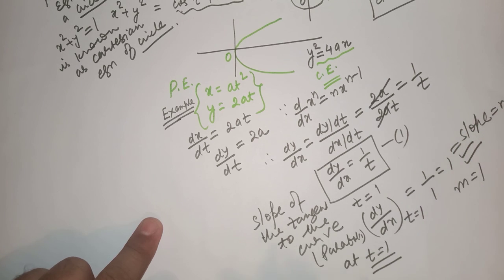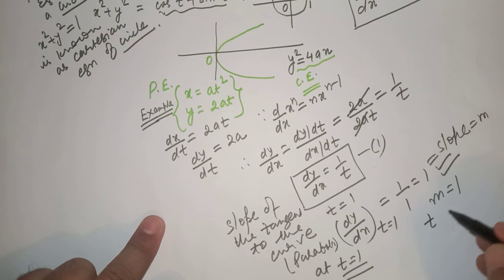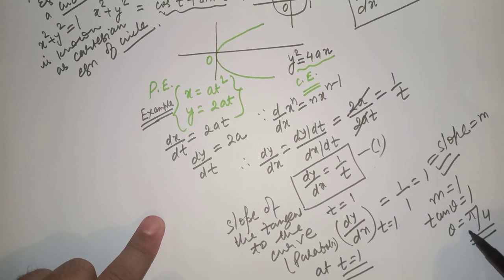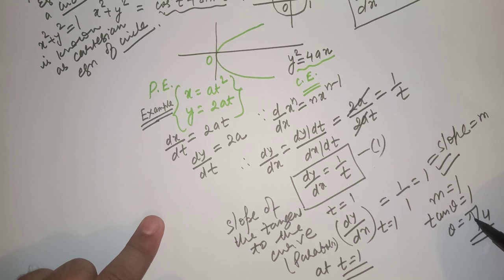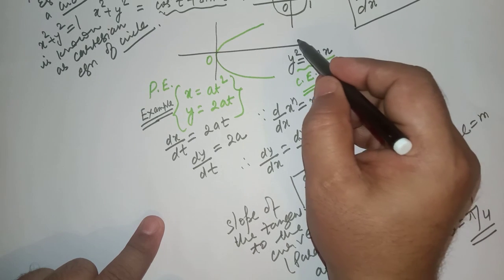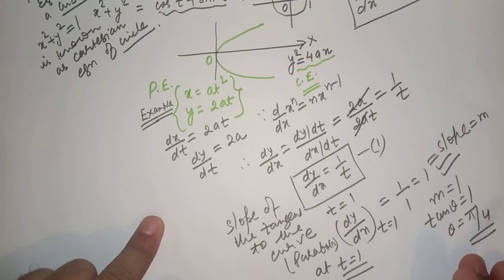So m is 1. It means m is tan theta, so theta is pi by 4. So it means at t equal to 1, the tangent to this parabola makes an angle of pi by 4 with the positive direction of the x-axis. Clear?